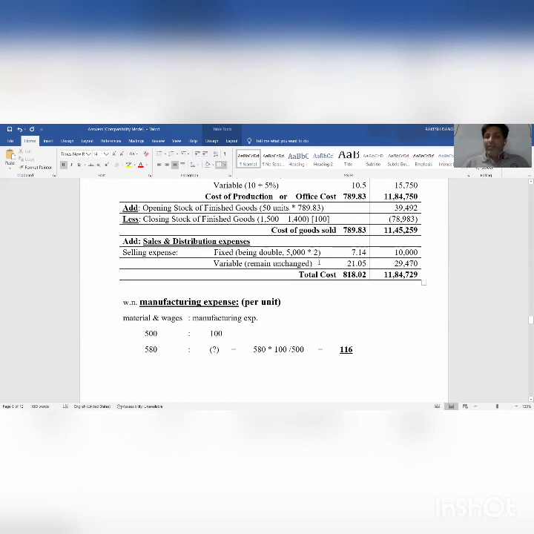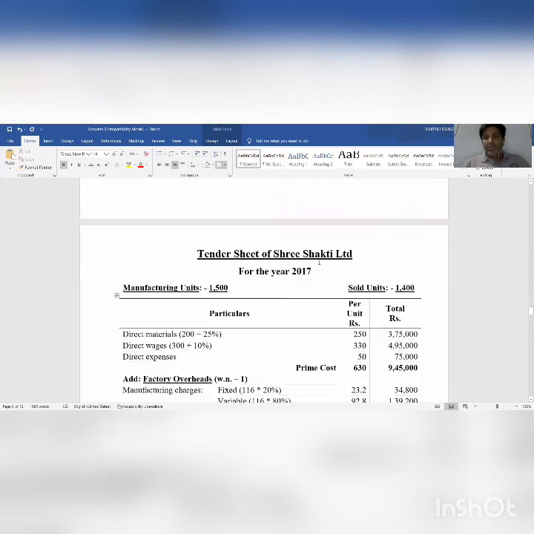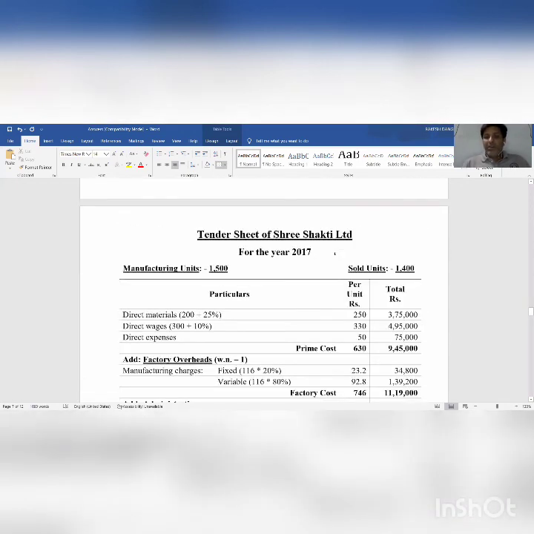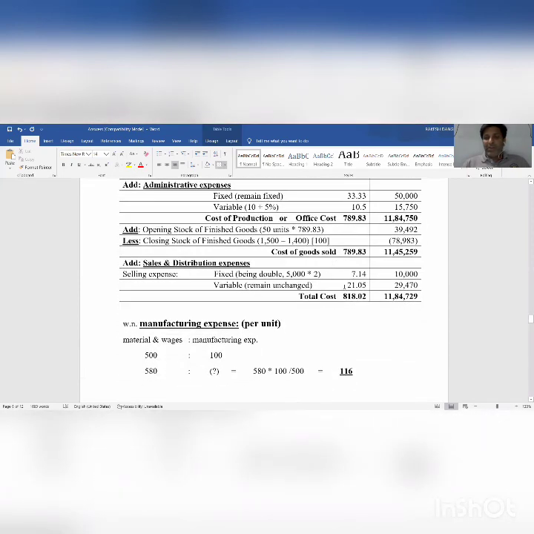But variable nature expense remains unchanged. We remember, if a variable nature expense remains unchanged, then it remains constant in unit wise. In the previous year 2016, selling expense of variable nature was rupees 21.05 in unit wise, which will remain unchanged in 2017. It means it will remain 21.05 per unit in the unit wise column.